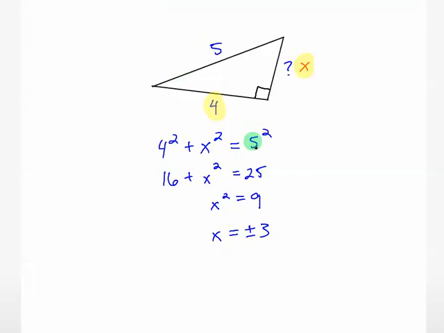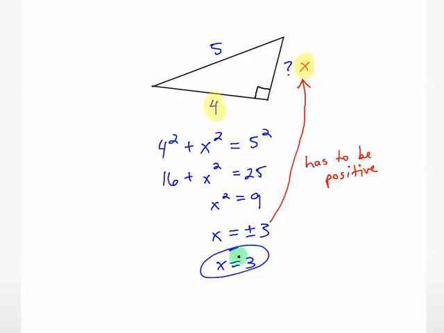However, x represents the length of a side. Well, the length of a side of a triangle can never be negative, so it has to be positive. So in this case, x equals positive 3. So this side of this right triangle has a length of 3.